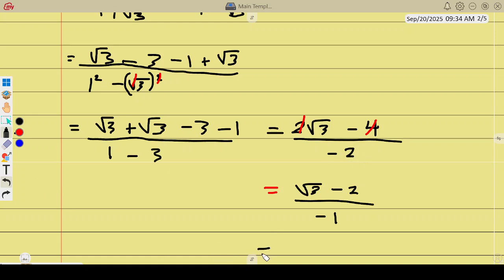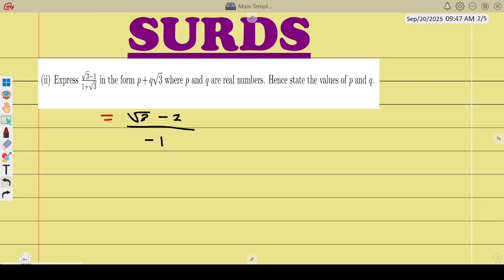Yeah, and then from here what are we going to have? Okay, so we're just going to take this answer of ours on top there, so that we can compare it with what they want. This is the answer which we got when we rationalized this.